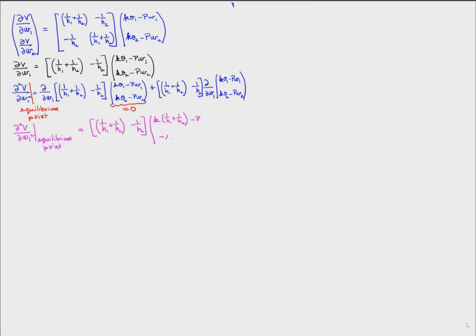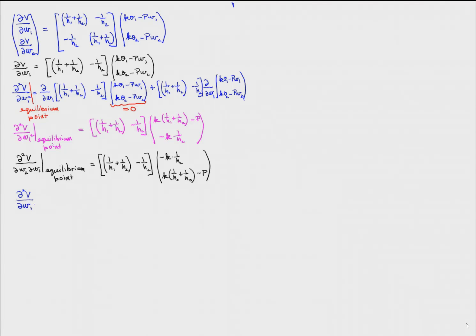Now we can do the derivative of the second matrix and plug in things like d theta 1 by dw1 and so on, and we get that. Similarly, d squared v by dw2 dw1, evaluated at an equilibrium point, has this kind of a formula. Again, we've plugged in for things like d theta 1 by dw2 and so on.